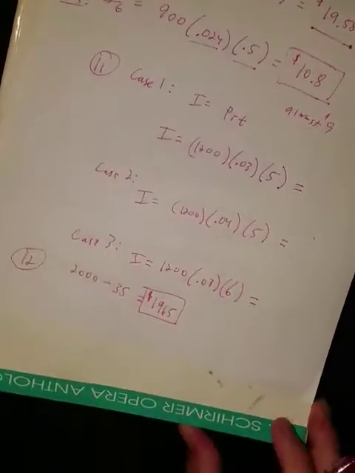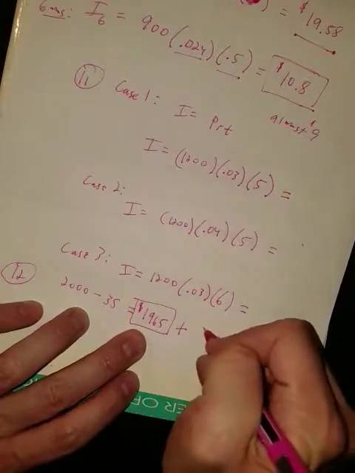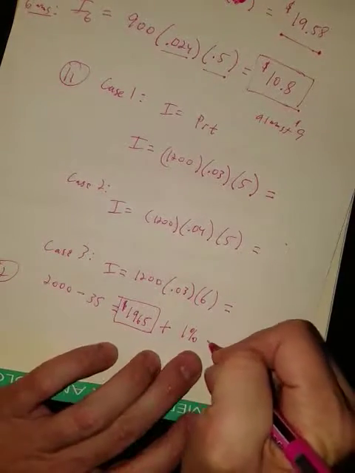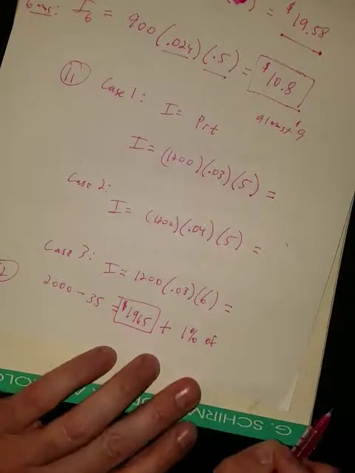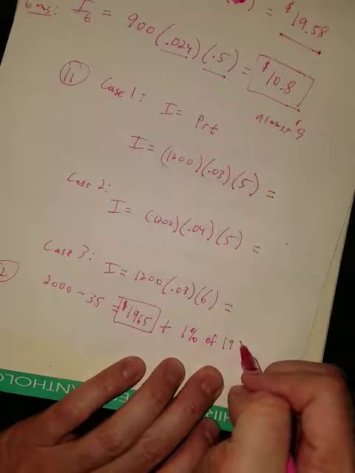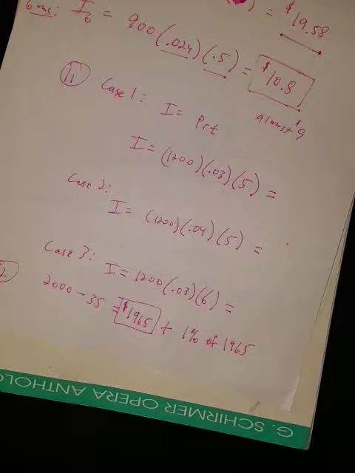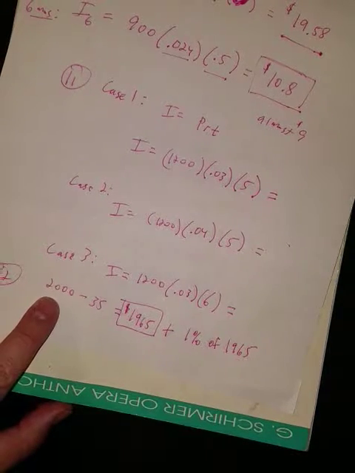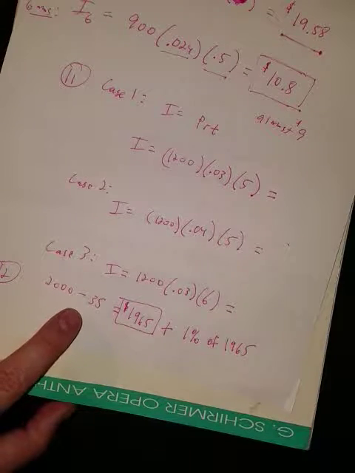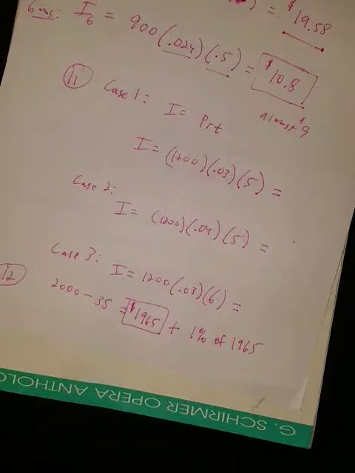The second month he's going to owe $19.65 plus 1% of the unpaid balance. What's the unpaid balance? That's how much he didn't pay. So he owes $2,000 originally. He pays $35 the first month.